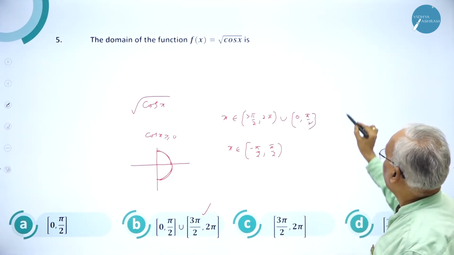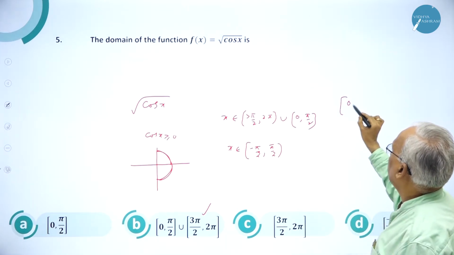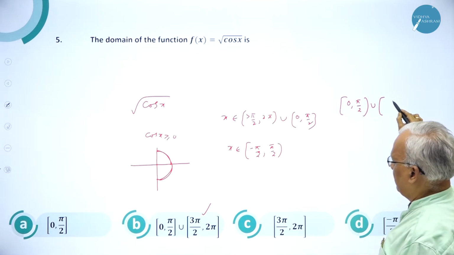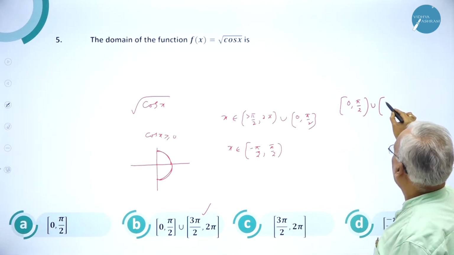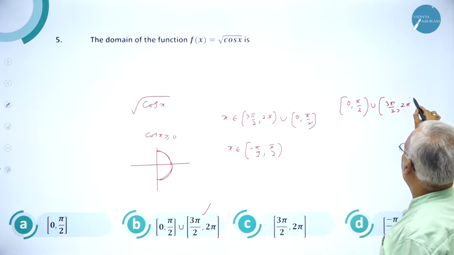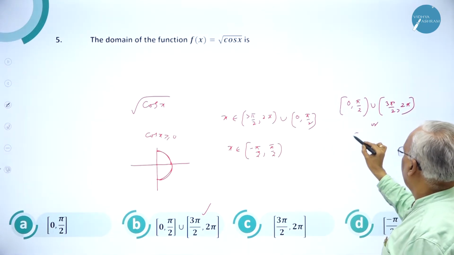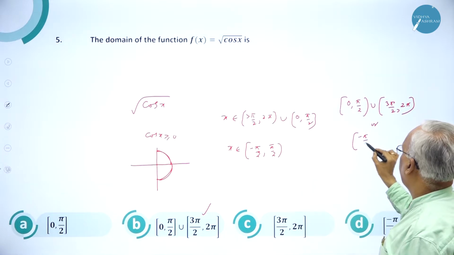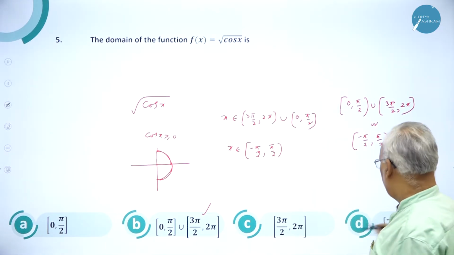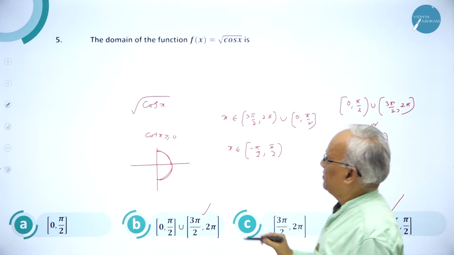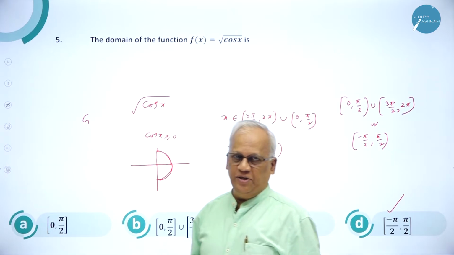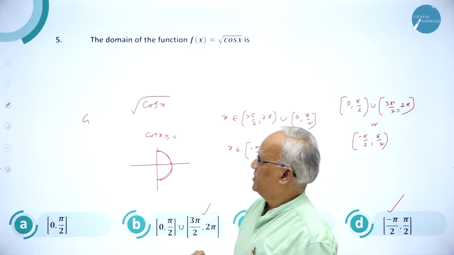Therefore the domain is either 0 to pi by 2 union 3 pi by 2 to 2 pi, or the same thing can be written as minus pi by 2 to plus pi by 2. So both answers are there. Therefore you have multiple choice, so you get grace marks for this question.